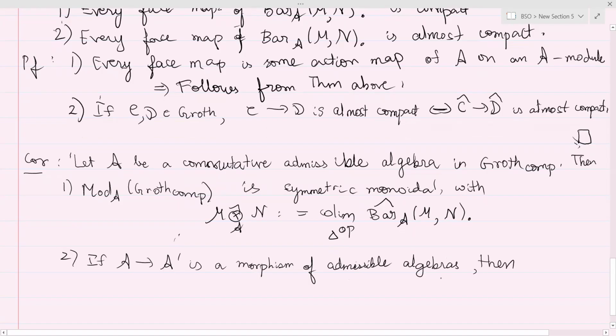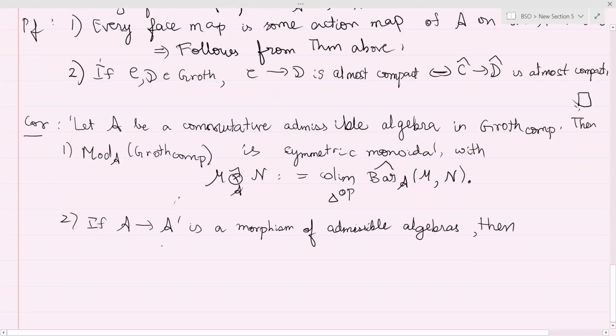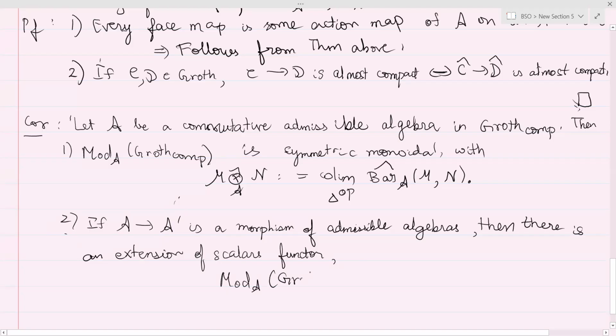then you have an extension of scalars functor, which is just a functor from A modules to A prime modules.